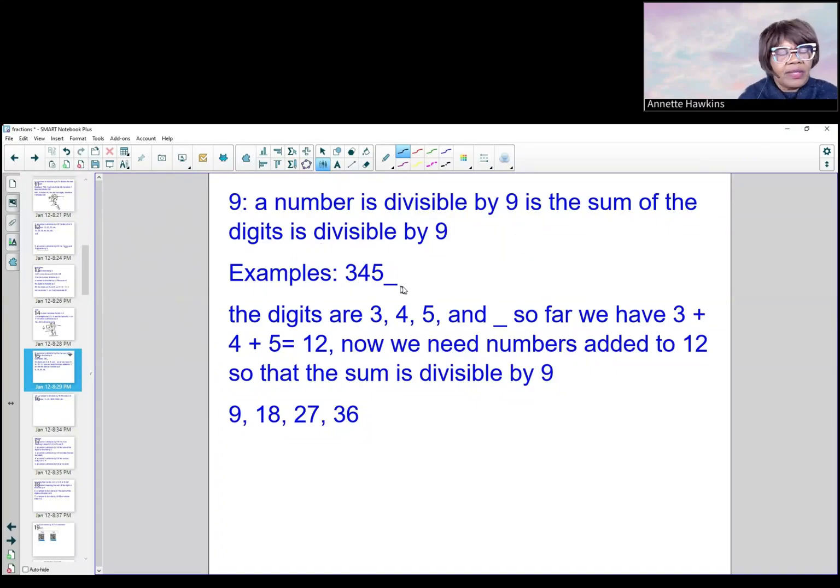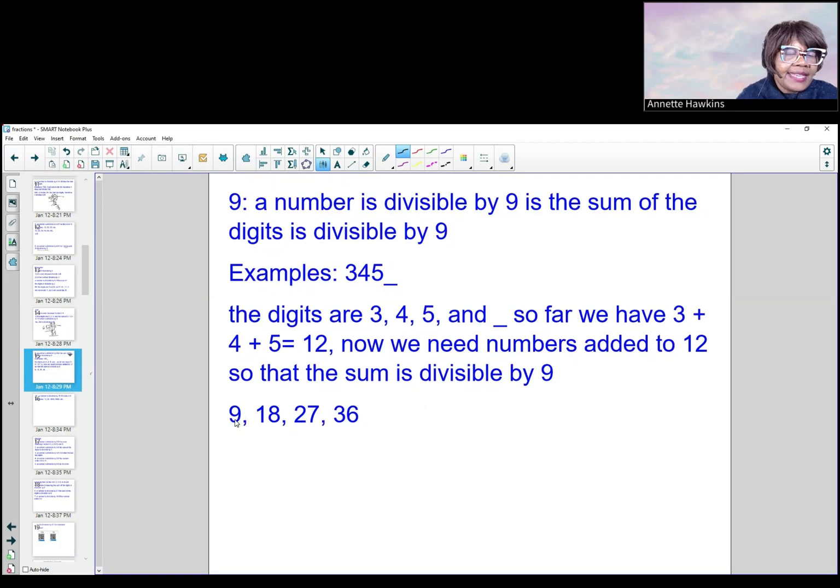So here is one that I want you to fill in. I want this number to be divisible by 9. So the digits are 3, 4, and 5. So therefore we have 12. So what numbers added to 12 will make this divisible by 9? So let's see.